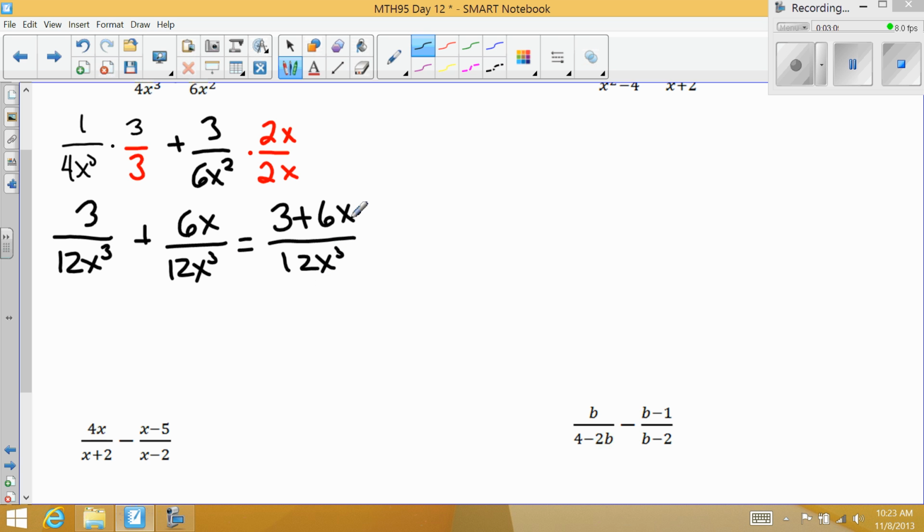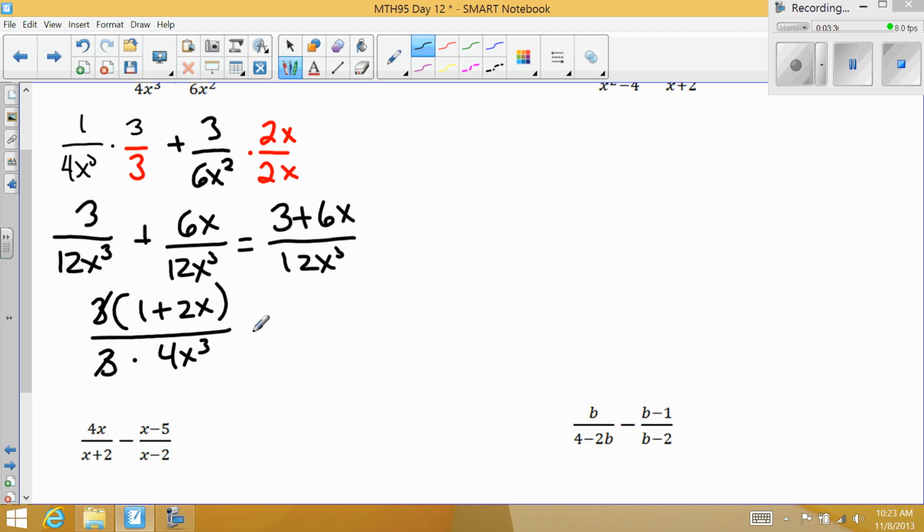We've simplified it. We now have a single rational expression, but we do want to check and see if we can reduce it at all. So we can factor a 3 out of the numerator, and a 3 out of the denominator.